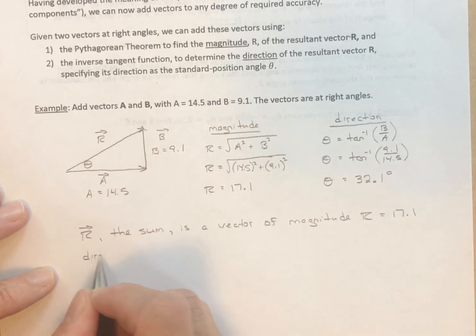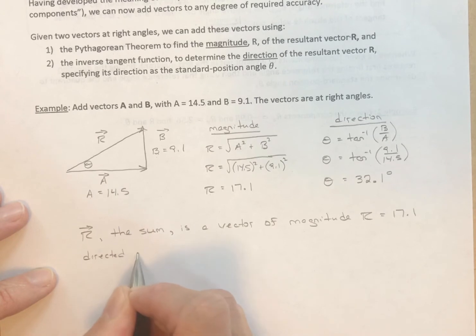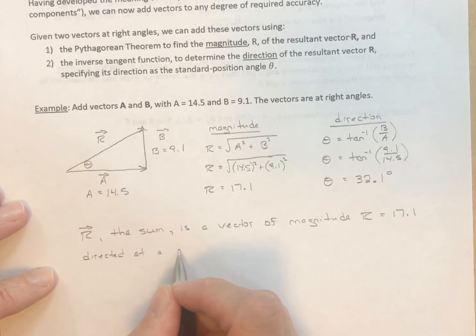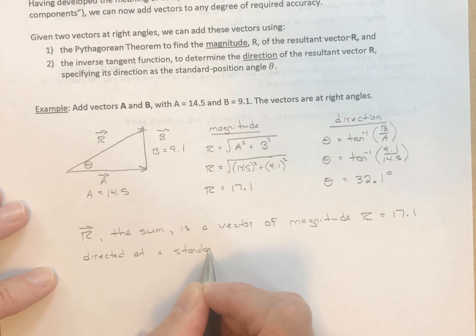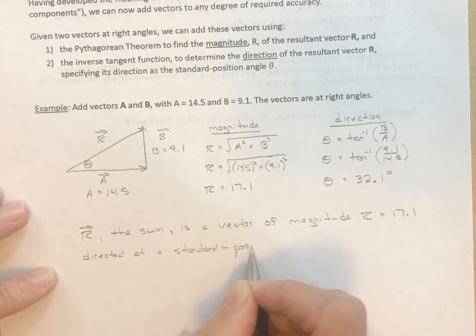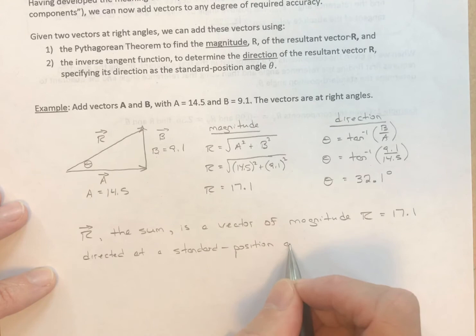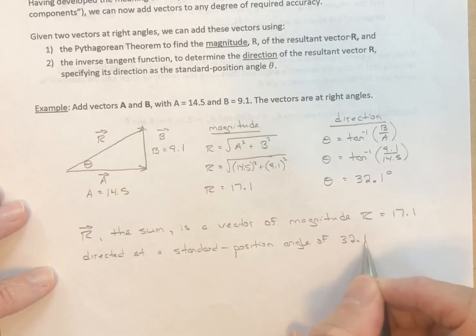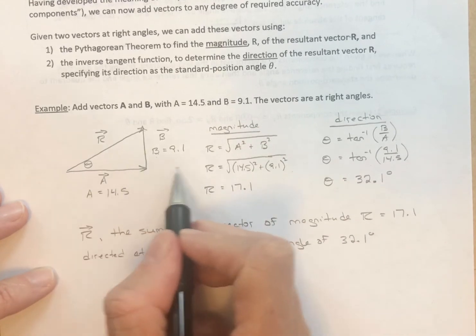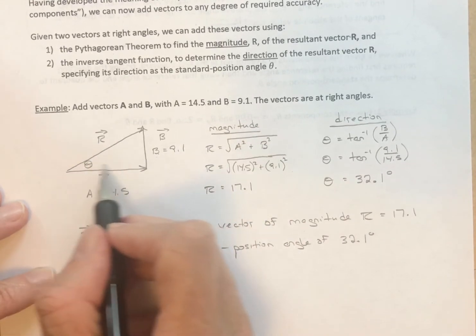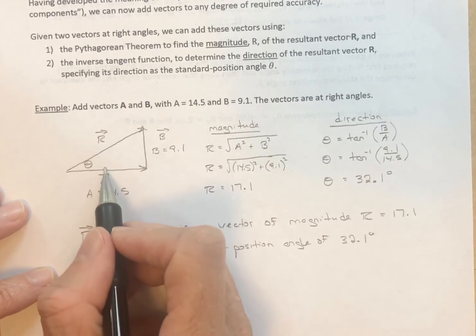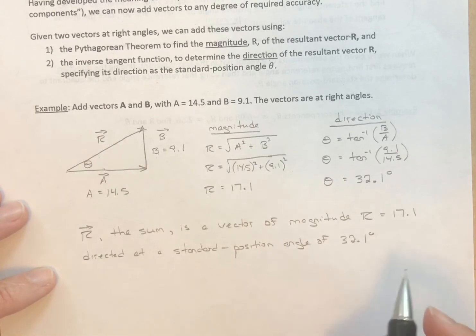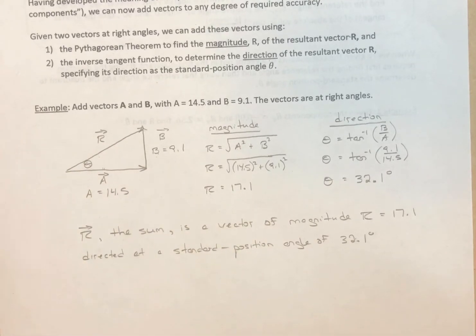And it is directed at a standard position angle of 32.1 degrees. Again, we're starting on the x-axis. We're going counterclockwise from the positive x-axis, and this angle right here, from this point here to here, is 32.1 degrees. Okay, so that's adding vectors that are at right angles.